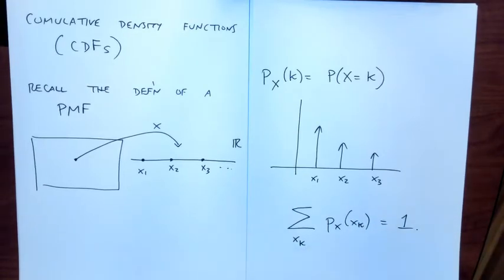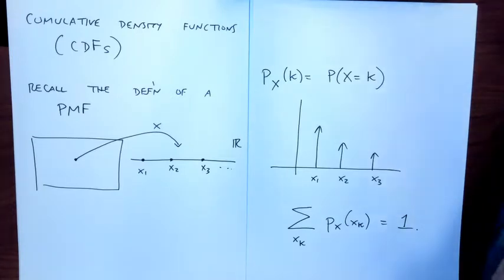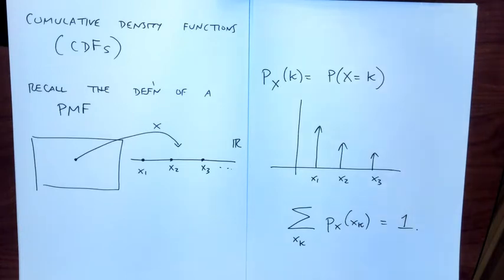There's kind of a single mass of probability that totals up to 1 when I add up all these arrows, right? And so life is easy when I've got a finite number of arrows and I can just add them up. Life is a little bit trickier with something like the geometric random variable where I've got an infinite number of arrows. But as long as the arrows are getting small enough that when I add them all together I get 1, then life is good, right?